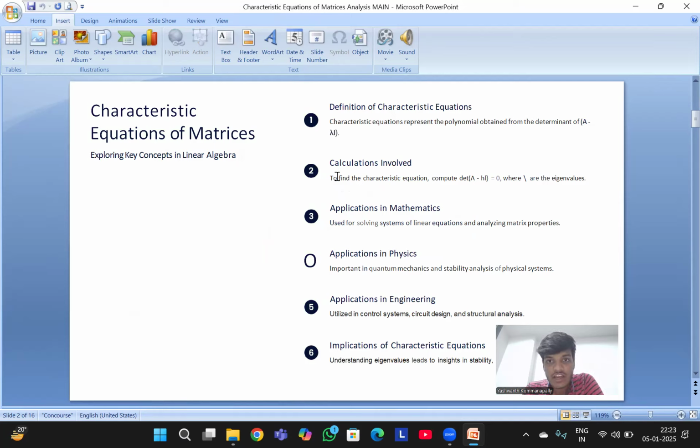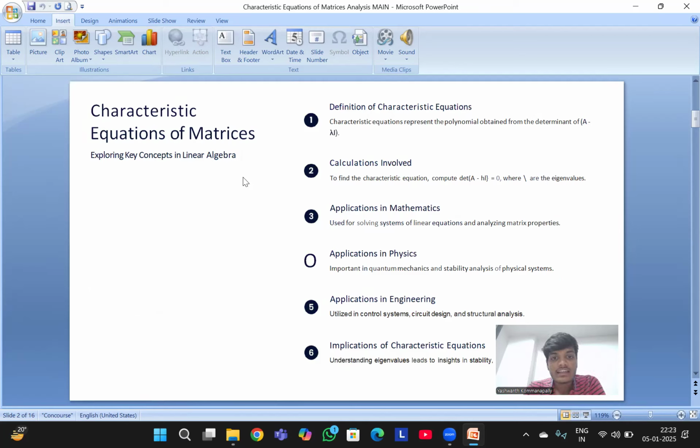First, the definition of the characteristic equation. Characteristic equations represent the polynomial obtained from the determinant of A minus lambda I. That is the formula of the characteristic equation.